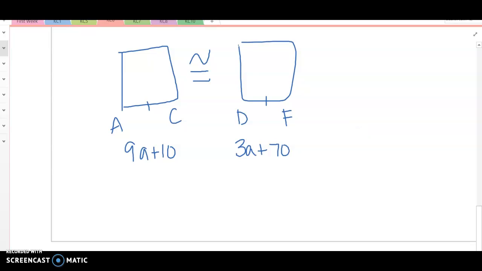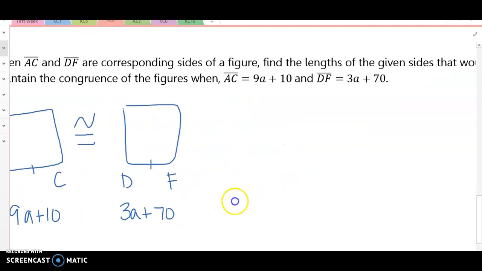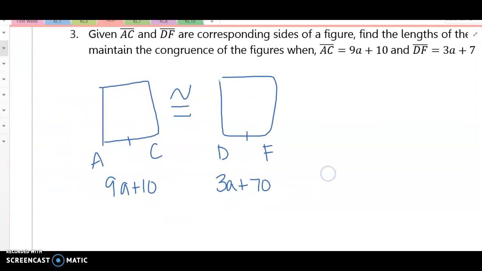So we have to find the lengths of the given sides. We're trying to figure out how long this side and this side are. Because they're the same on both figures, they should be the same length. In order to figure out how long they are, the first thing we have to do is figure out what A is.